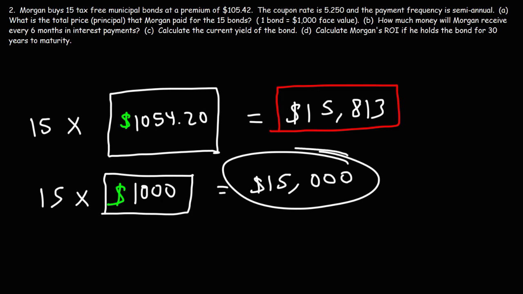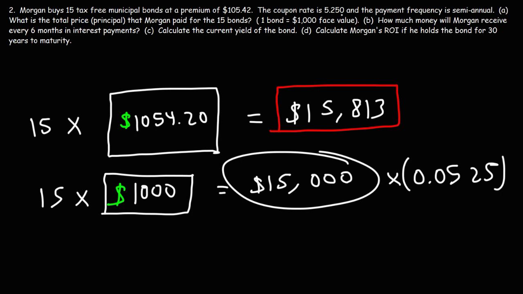So this is the total face value of the 15 bonds when they were issued. And now the coupon rate is 5.25%. So if we multiply that by 0.0525, that's the percentage as a decimal.